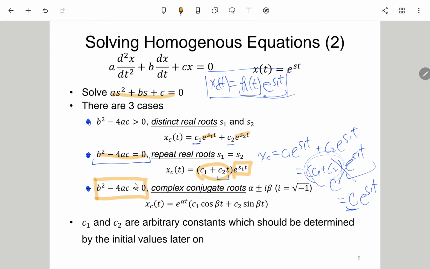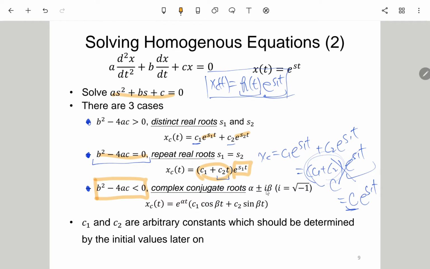So when b squared minus 4ac is less than 0, we should have complex conjugate roots.